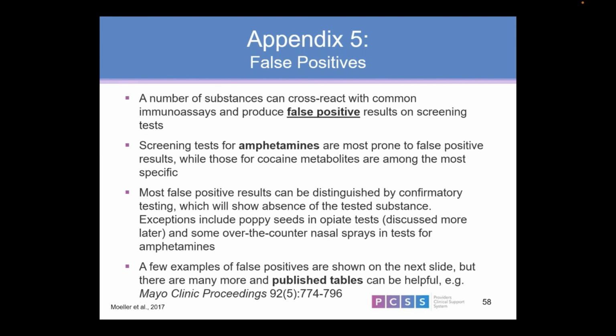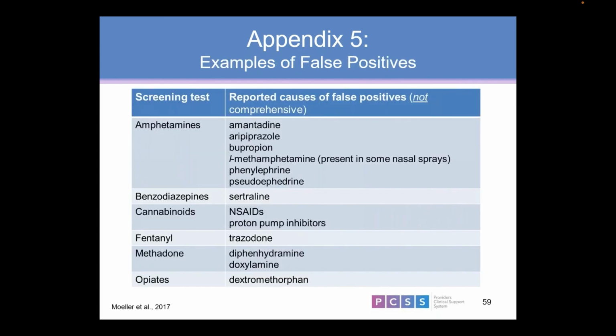Why do these show up? There's a whole host of tables available, some of which are available on the PCSS website, looking at these cross-reactivities, that you could at least look at if a patient is insistent that they have not used any illicit drugs. Again, cocaine is really quite specific, so you're pretty hard pressed to let that one go.